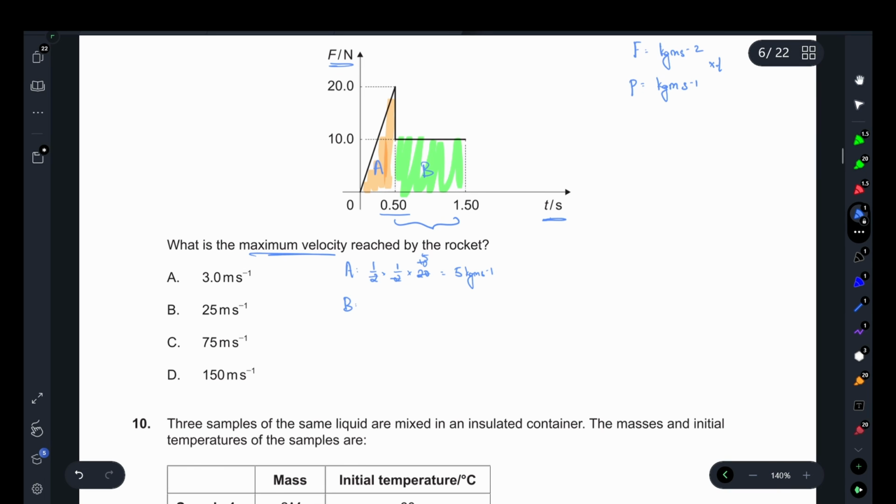So this is 1 second times 10 newtons, which is 10 kilogram meter per second. So your net final momentum is 10 plus 5, which is 15 kilogram meter per second.